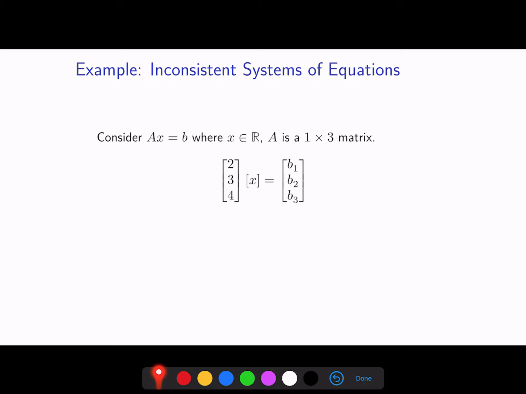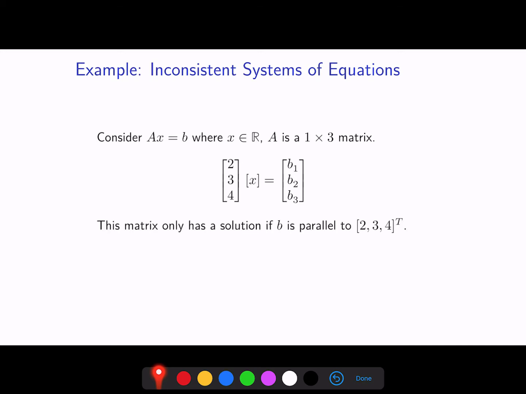Here's a very simple system, a 3x1 system, or a system of 3 equations in one unknown. And we can abbreviate it with matrix notation, AX equals B. And just a reminder, X here is just a real number. It's a 1x1 matrix.